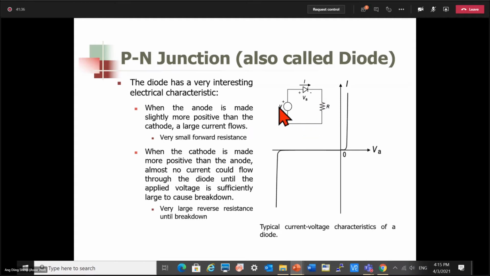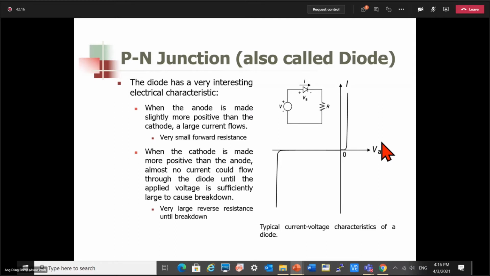So if I apply a voltage where I connect the positive terminal of the battery to the anode and the negative terminal to the cathode, I only need a very small voltage to cause a large flow of current through the diode, as shown on the graph. After some small voltage, you can see that the diode current rises very significantly. This behavior is known as the turning on of the diode. So the diode turns on and allows a huge current to flow through it.